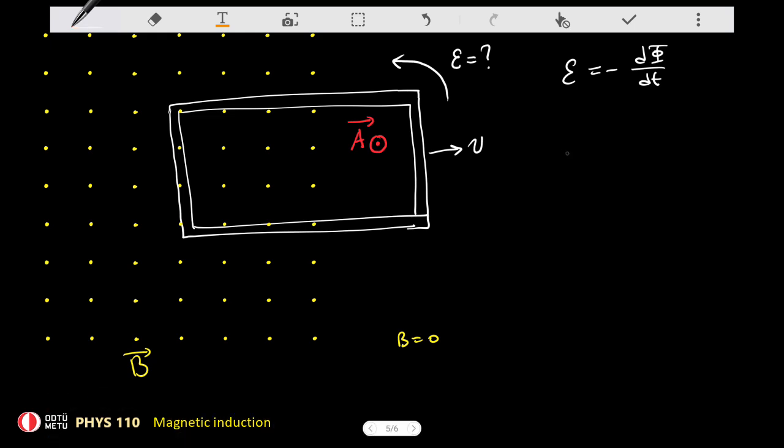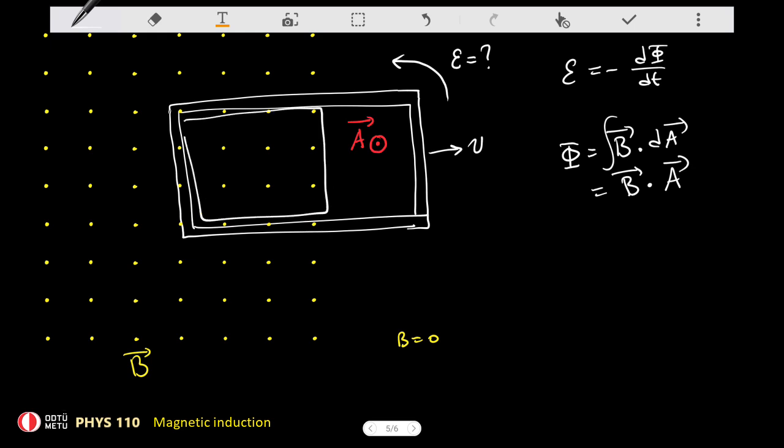So you can see that the flux is, well, in that case, the magnetic field dotted with the area. Let me just write it down like that, right? This is essentially the dot product of the magnetic field with the area of the part of the surface where there is magnetic field, right? It's just that area.